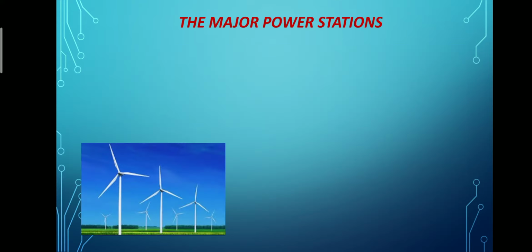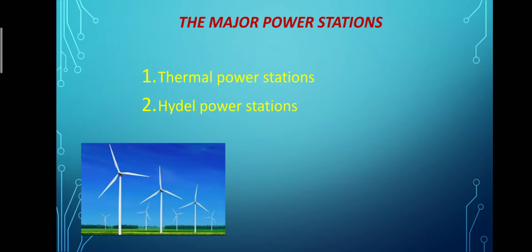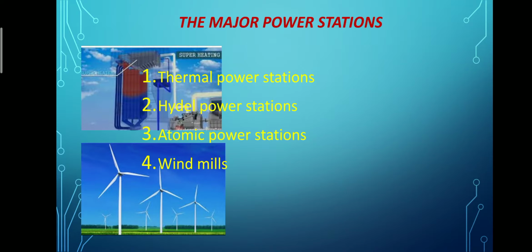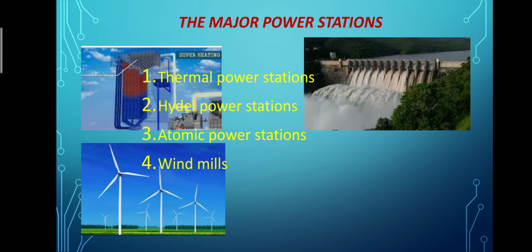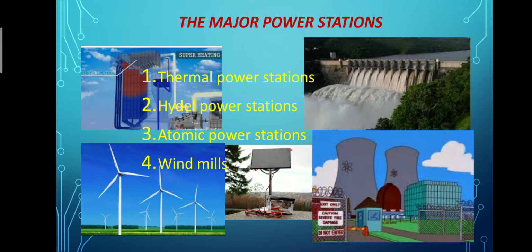Out of these, the major power stations are thermal power stations, tidal power stations, atomic power stations, and windmills. These are the major power stations present in our country. And now we are also using solar panels to get electricity.